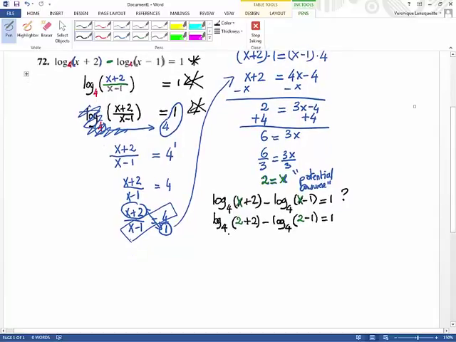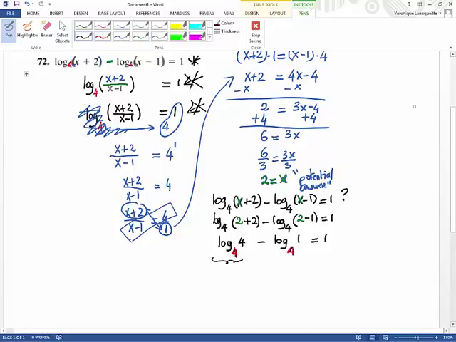So what we need to do is the following. We need to clean up those logs. So this is log base 4 of 2 plus 2, that's 4, minus log base 4 of 1, is that 1. Now the base is 4, so let's see if we can evaluate each one of those logs.